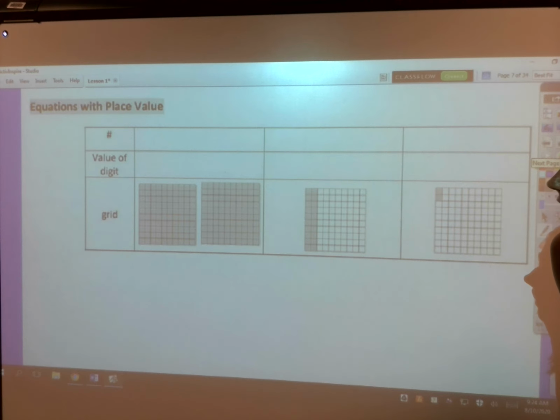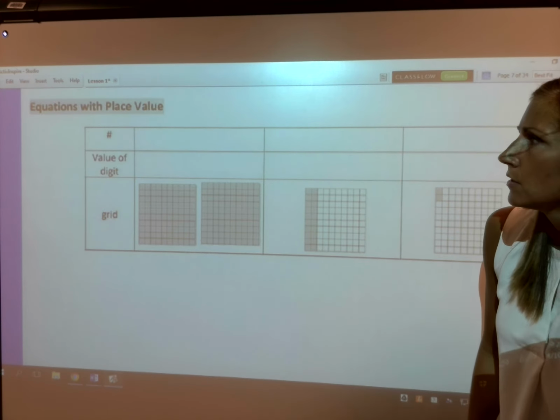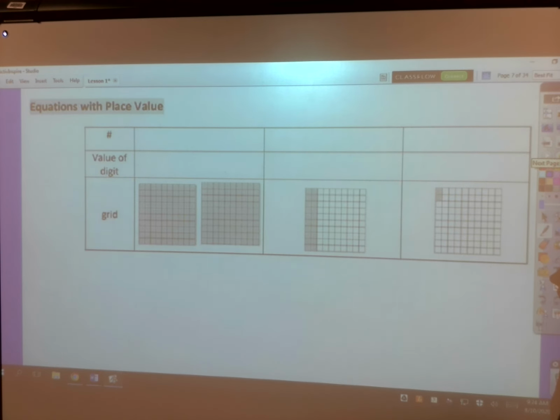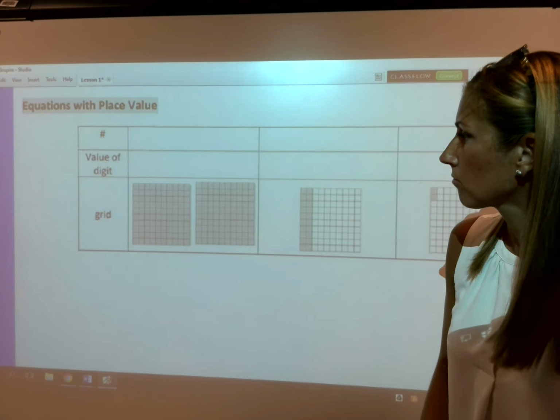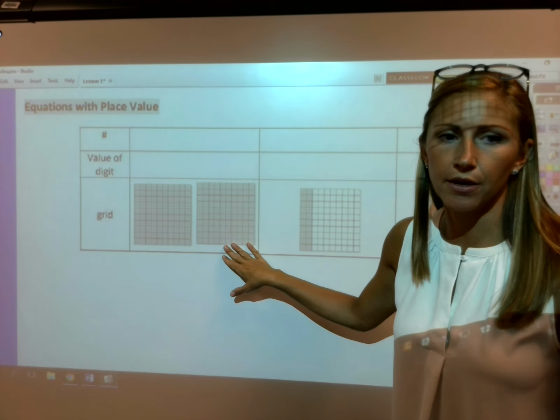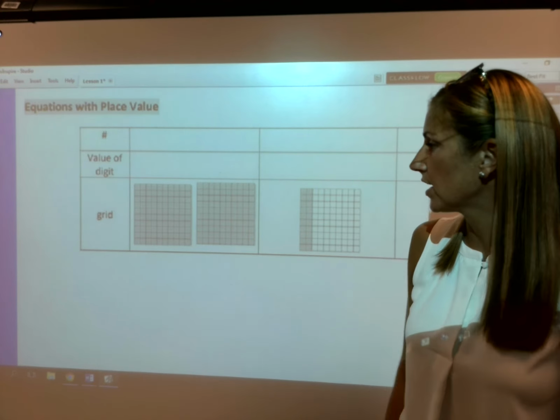So if we have these values and we are going to write the value of that digit, let's fill in these boxes using the grids and starting with that. So what amount do we have here in our grids shaded in?